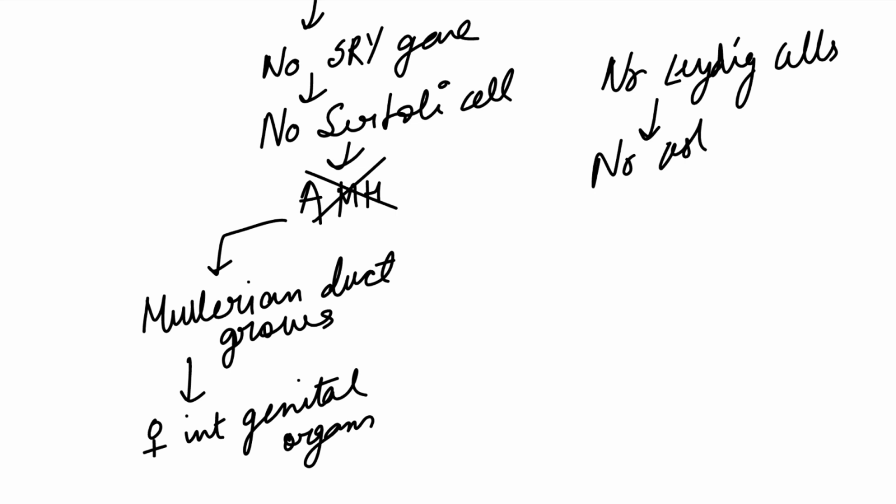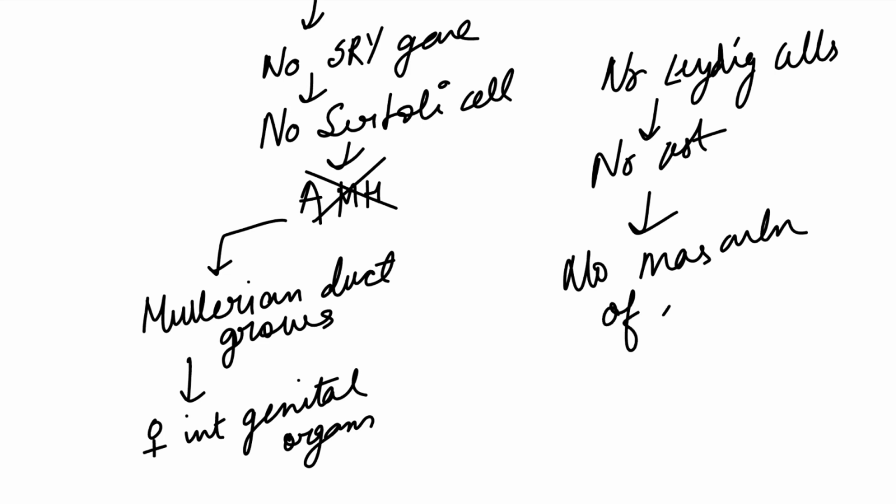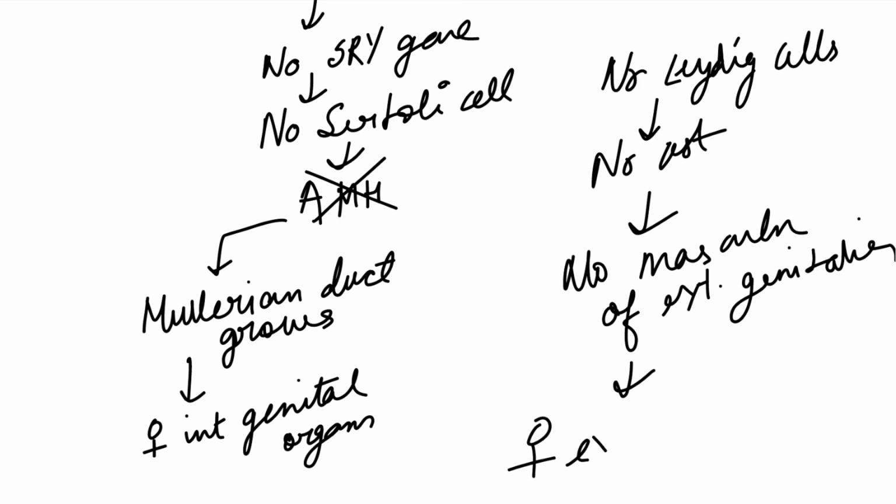And if there is no testosterone, there will not be masculinization of the external genitalia. So what will happen? Female external genitalia will be produced.